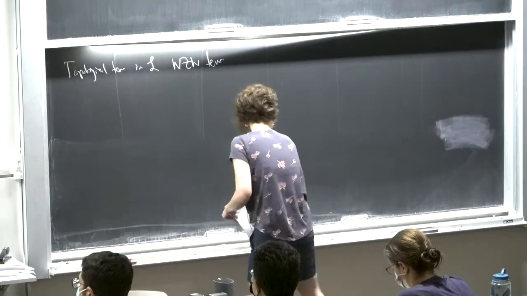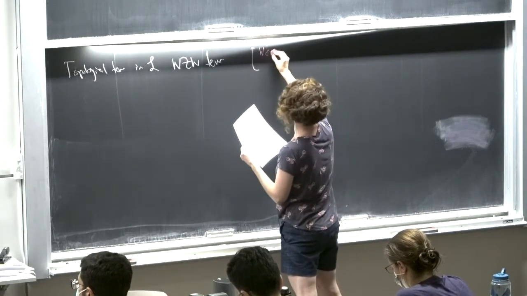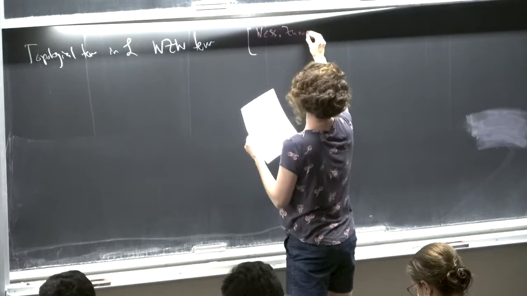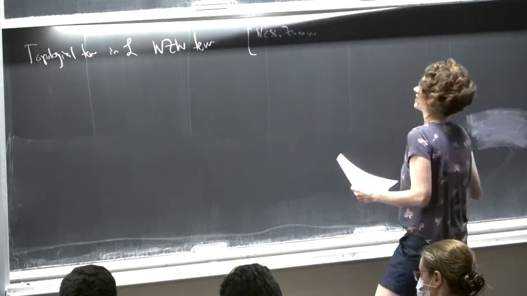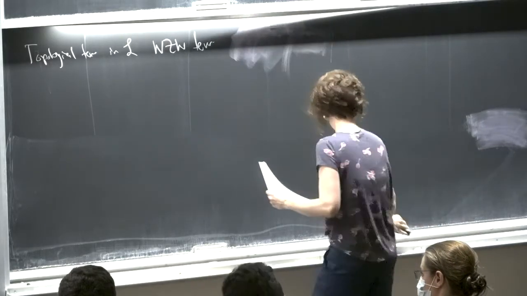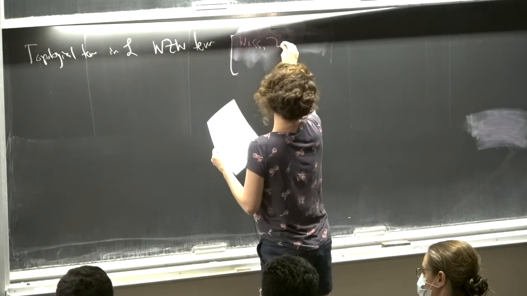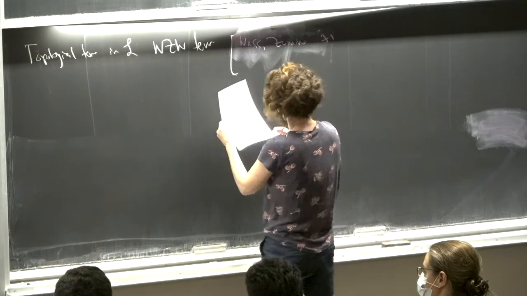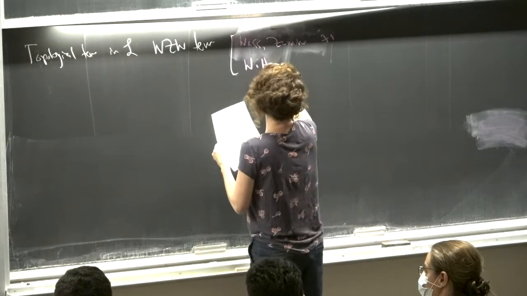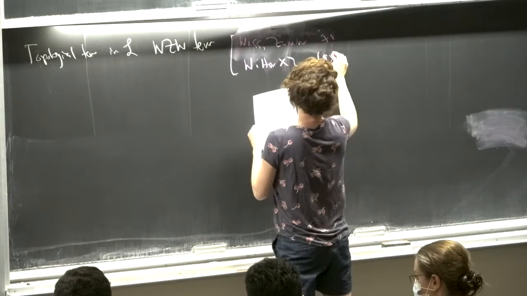This term was proposed in actually 2 sets of papers. One is a paper by Wess and Zumino dating back to 71, and the other one is a set of 2 papers by Witten, in 1983.